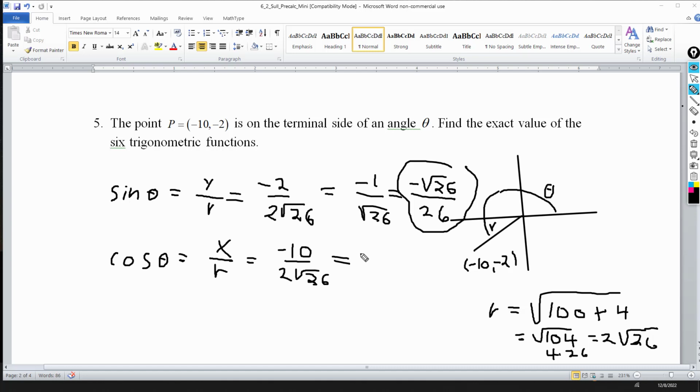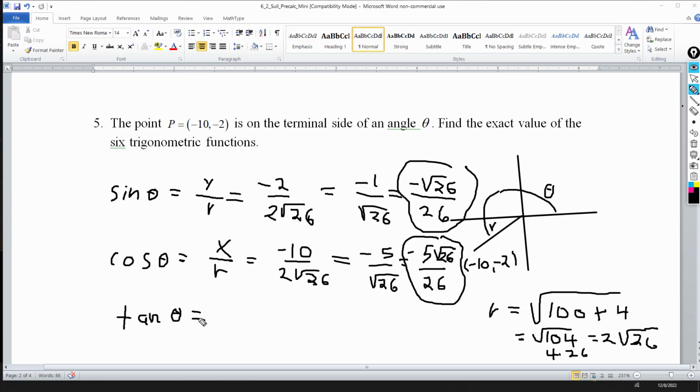Notice 2 goes into 10, giving negative 5 over the square root of 26. Multiply by radical 26 to rationalize. So the cosine of the given angle is negative 5 times the square root of 26 over 26.